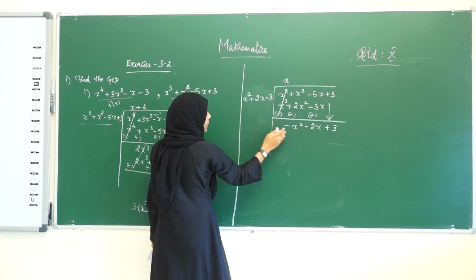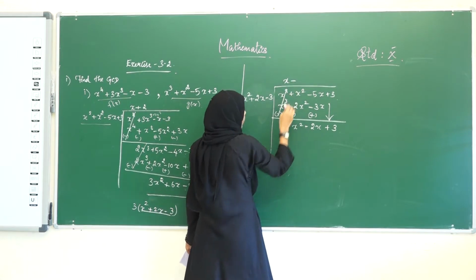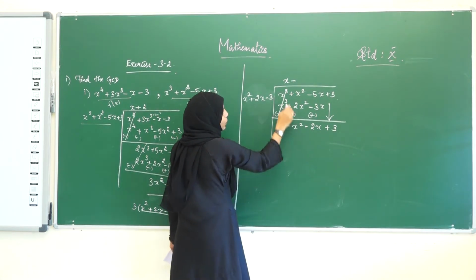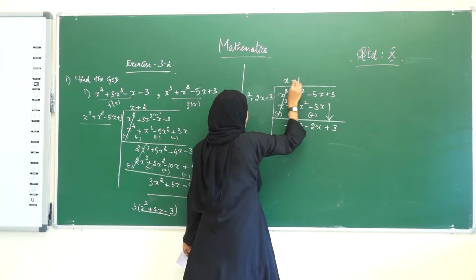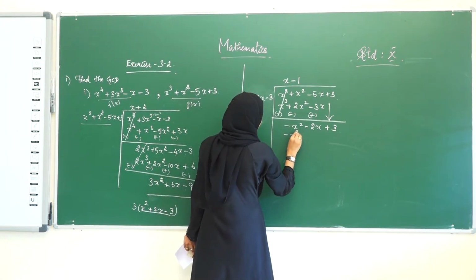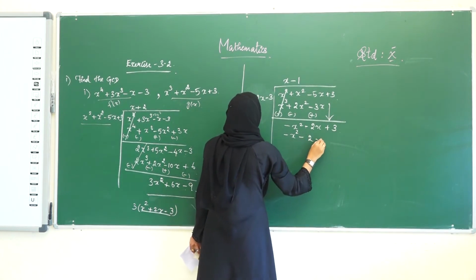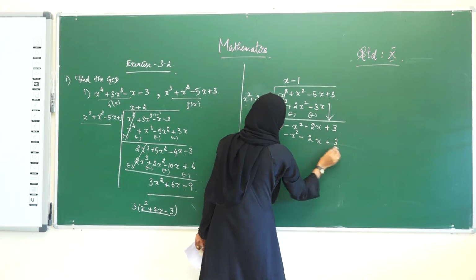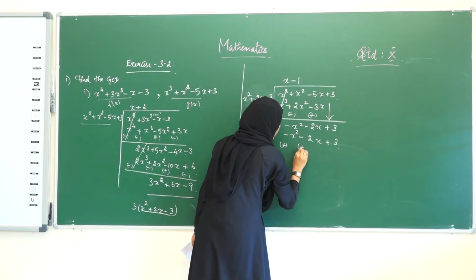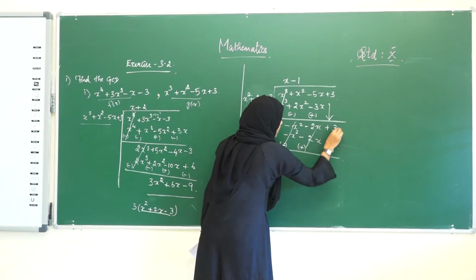Here it is x square, here it is minus x square. To get this term we multiply with minus 1. x square into minus 1 is minus x square, 2x into minus 1 is minus 2x, minus 3 into minus 1 is plus 3. We change the symbols of all these numbers, then all the terms get cancelled.